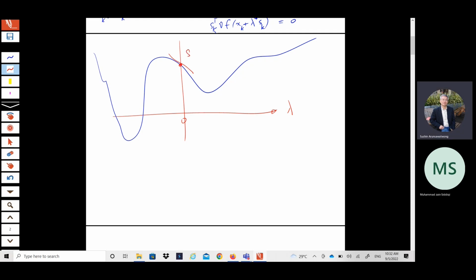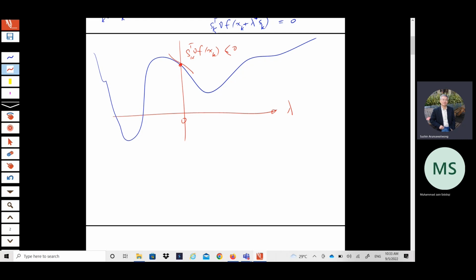This is SK transpose grad f(xk), and it's negative. When SK transpose grad f(xk) is negative, it implies that there is a small lambda such that f(xk plus lambda sk) is smaller than f(xk). This is what we know.